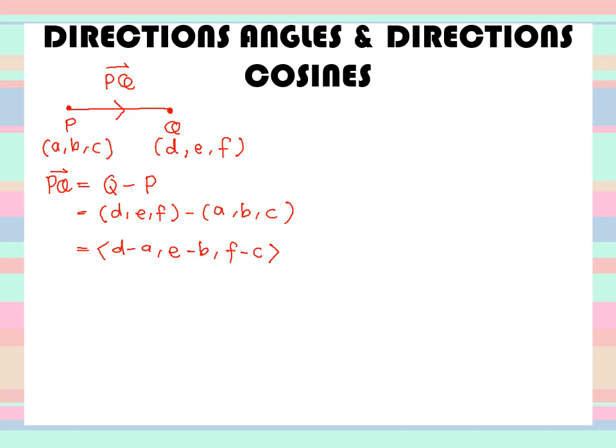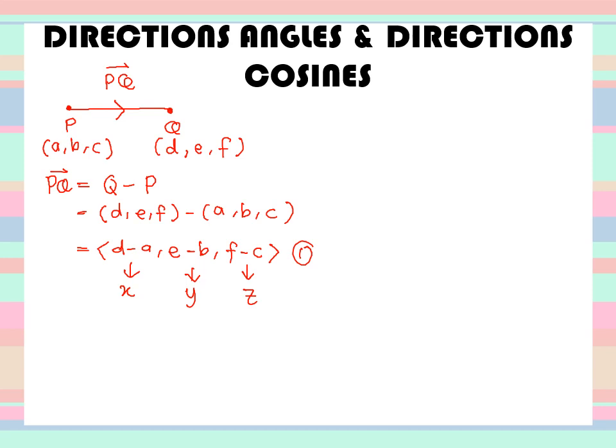So for your information, this is one way of writing a vector. Looking at this, we know that this is the x component, this is the y component, and this is the z component for the 3D plane.